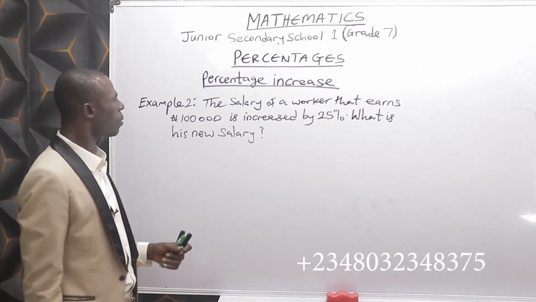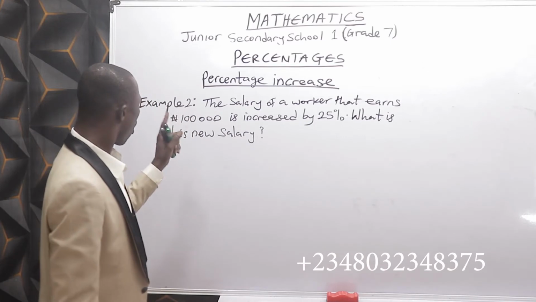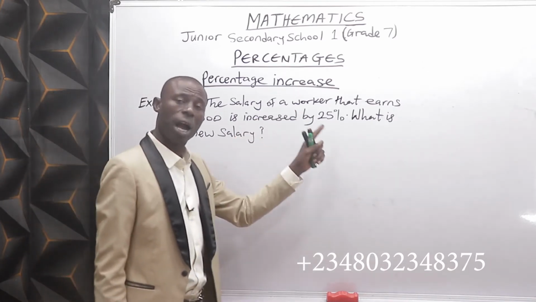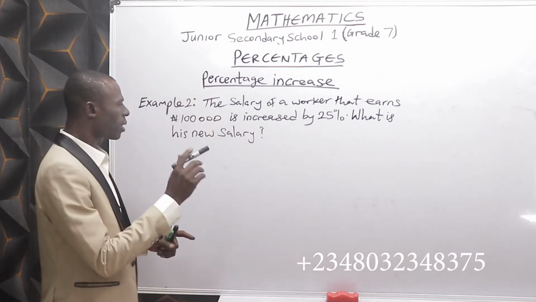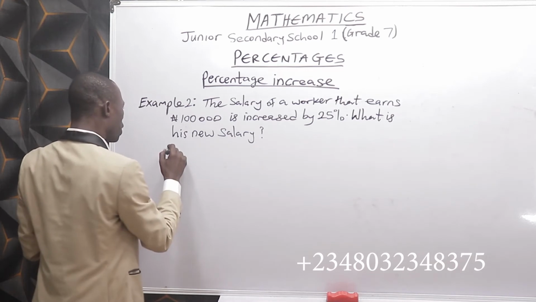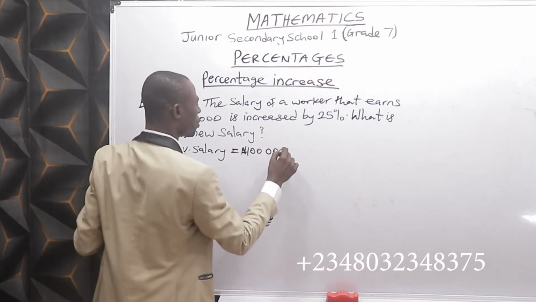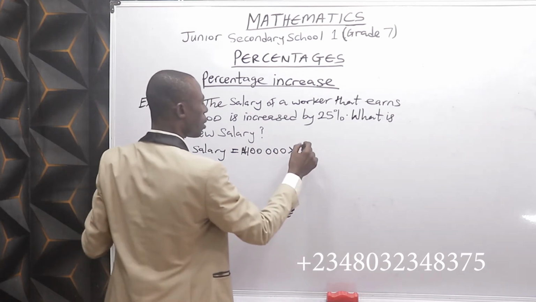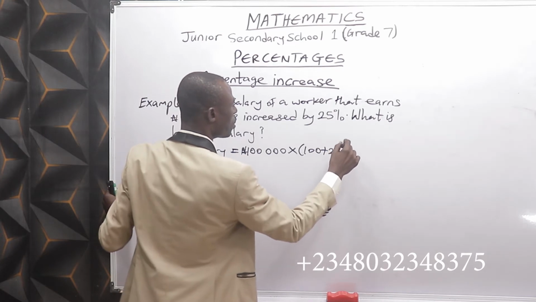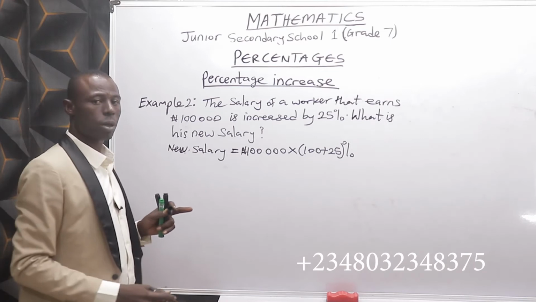Example 2. The salary of a worker that earns 100,000 is increased by 25%. What is his new salary? So the new salary is 100,000 naira times 100 plus 25%. I'm still using the first method.